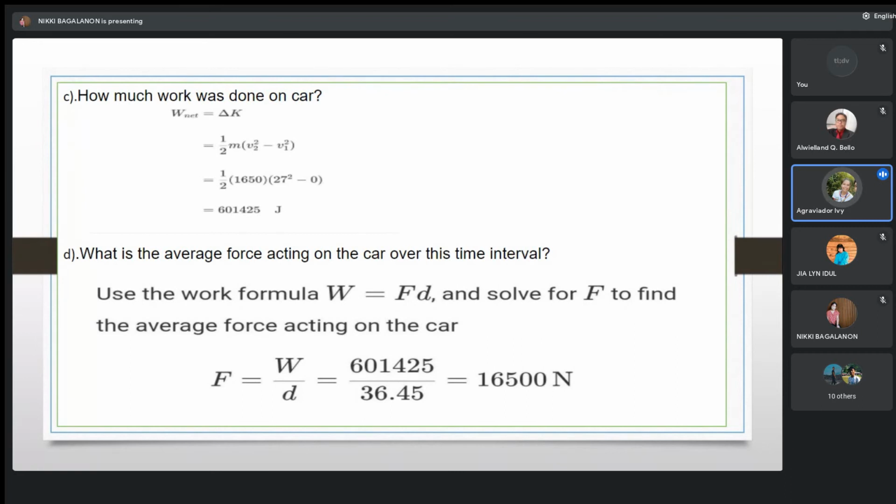What is the average force acting on the car over this time interval? Use the formula force times distance and solve for F. Force equals work divided by distance: 601,425 divided by 36.45 equals 16,500 newtons.